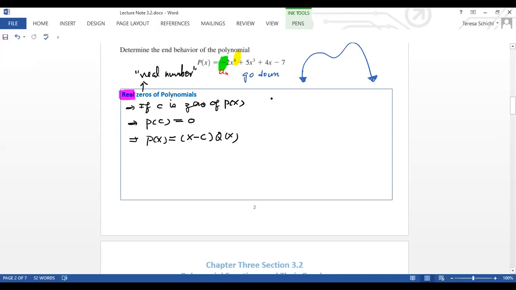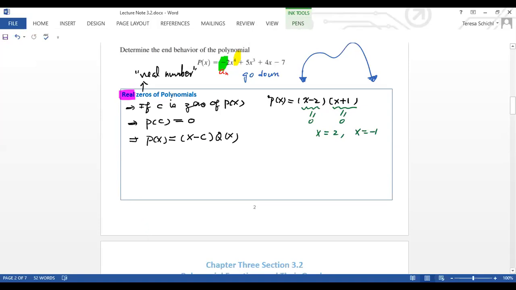For example, if I have P(x) = (x - 2)(x + 1), how many zeros do I have? I have two zeros here, right? You set this equal to 0, and this equal to 0, so x equals 2 and x equals -1.